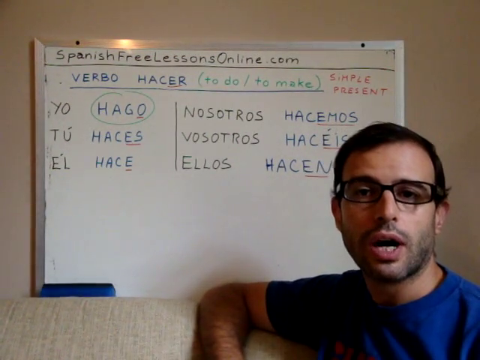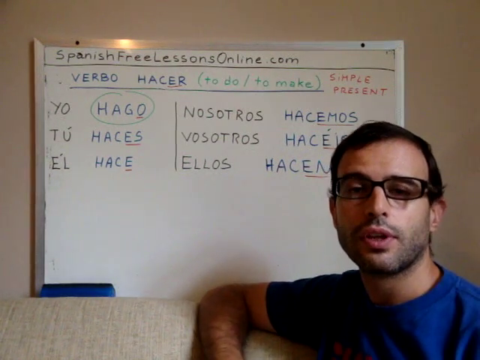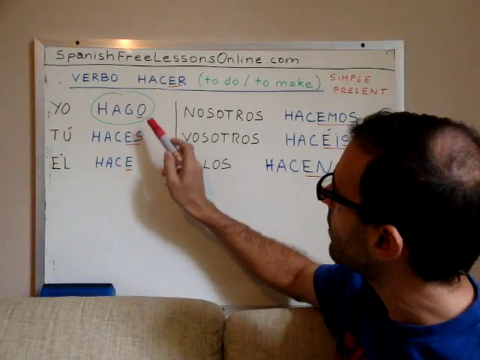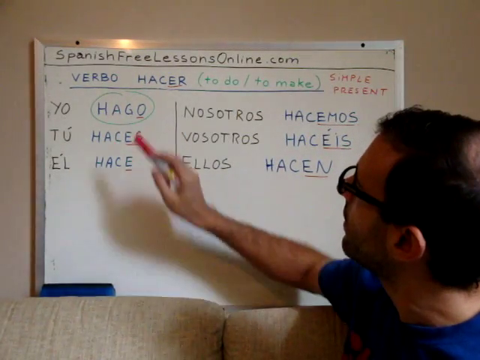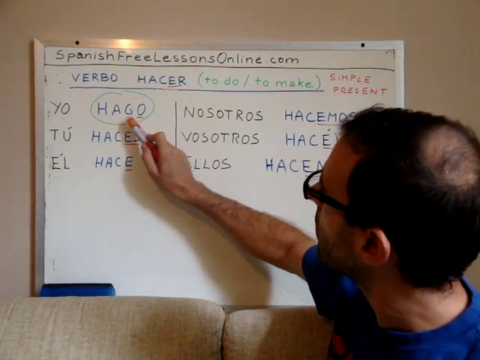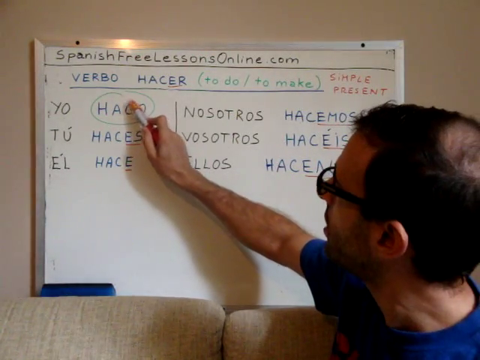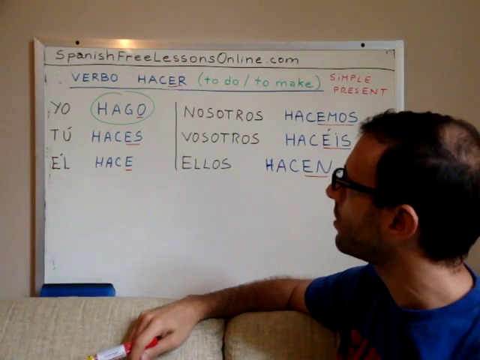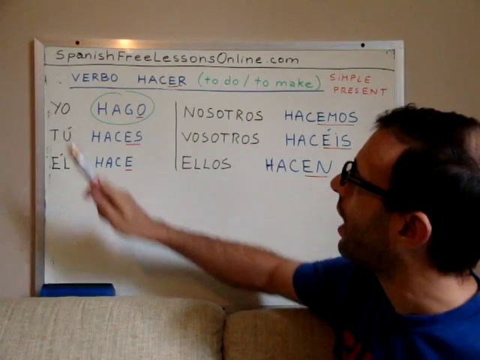We've seen before how to conjugate the verbs that end in ER, and you can see that this is pretty regular. This is the only exception because it changes the C for a G here. Hago. So let's start conjugating for I.